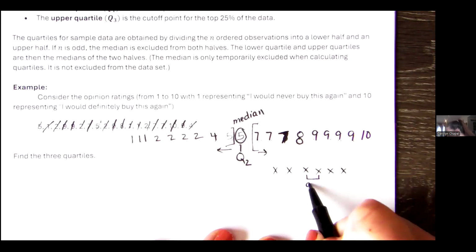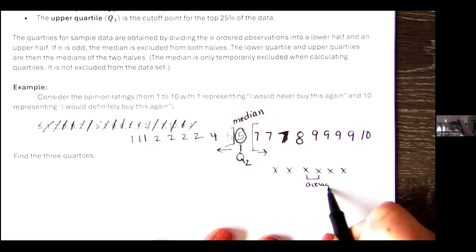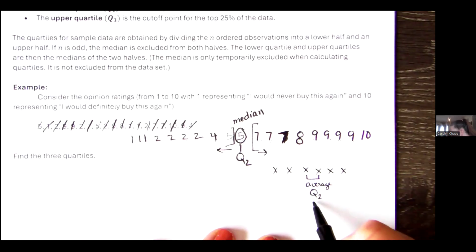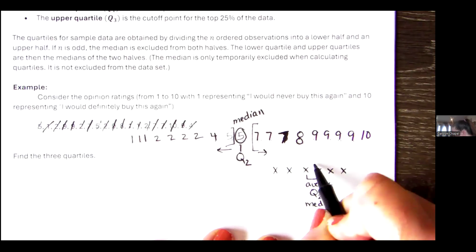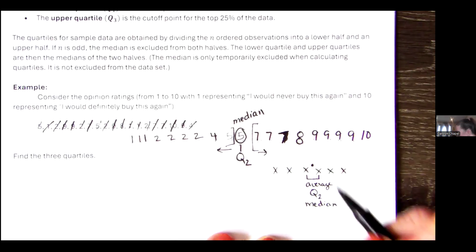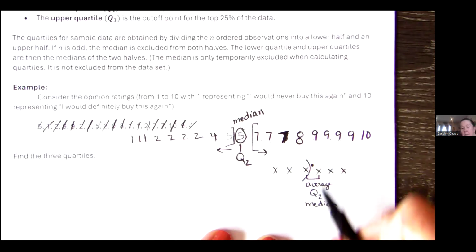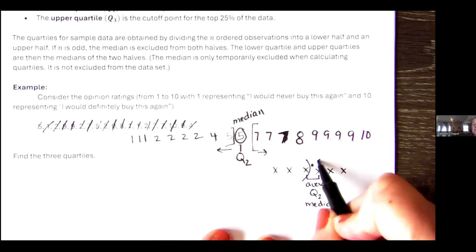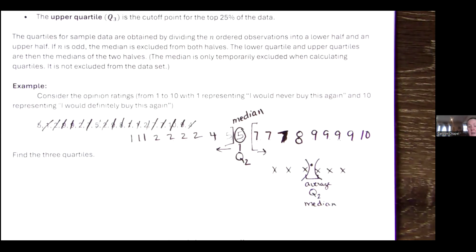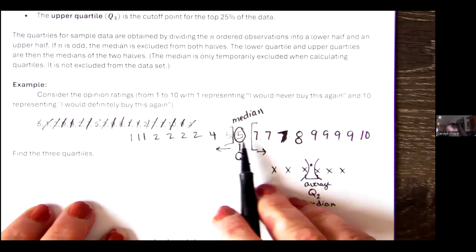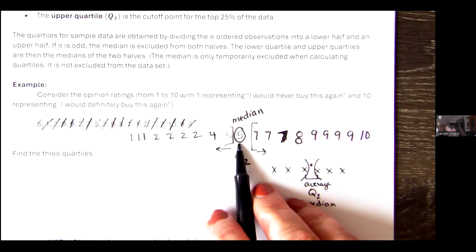That would have been my Q2, sitting smack dab in between those. This is still the bottom half, and this is the upper half. So our median is not included in either the upper or lower halves. Either it's completely ignored or we have created it out of two other values.